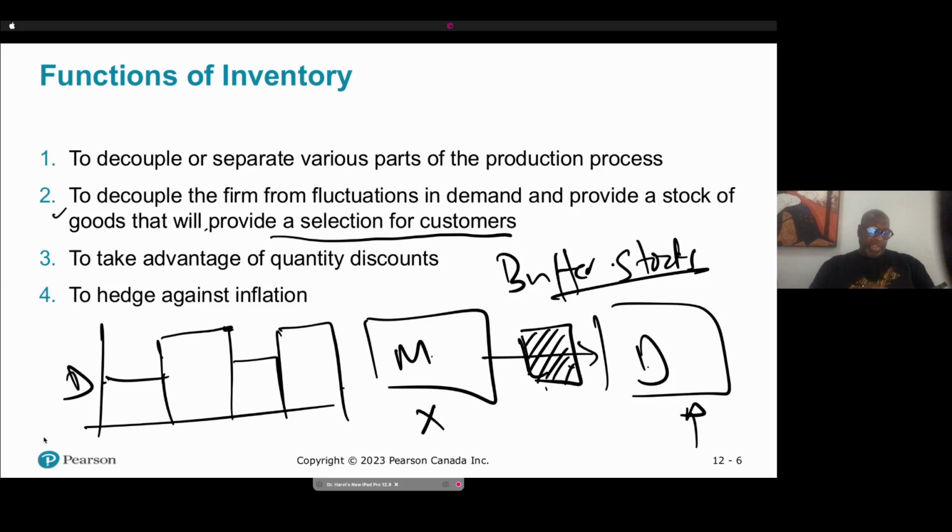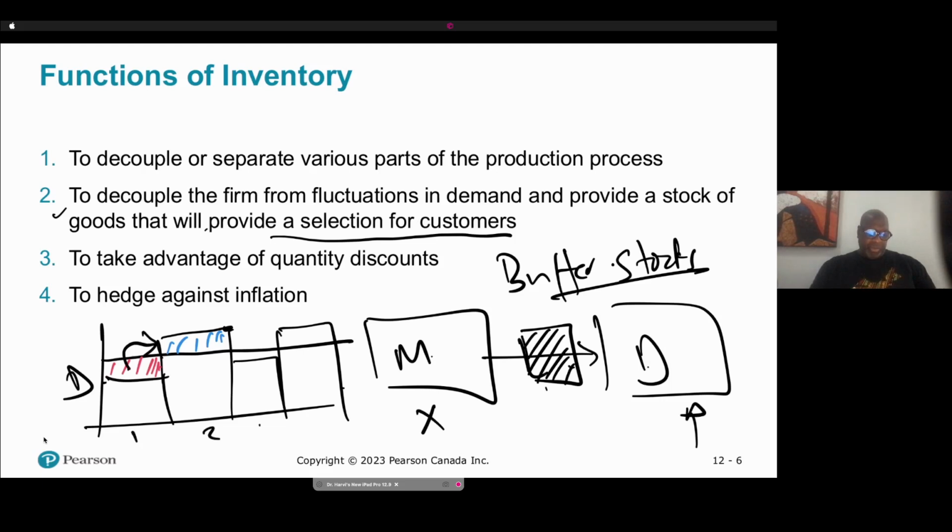So if you say, well, let's just keep an average amount of stock, then as you could see, in this case you would have inventory over here. It looks like you may have a shortage over here, but you would be storing some inventory. But this inventory in the first period can satisfy the excess demand in that second period.